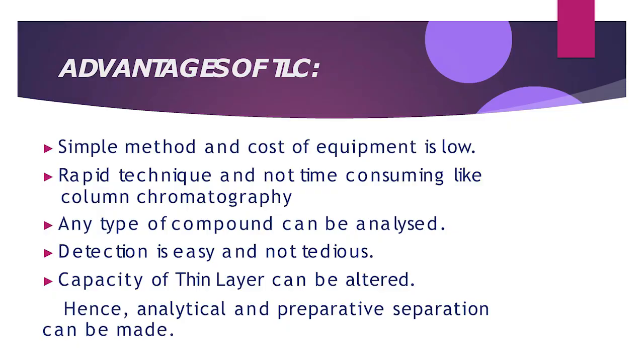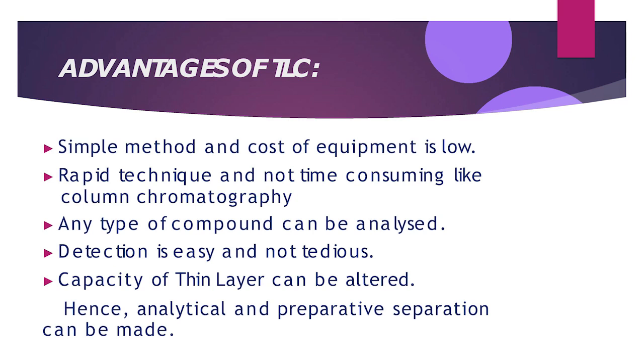What are the advantages of TLC? Corrosive spray reagents can be used without damaging the plates. It requires less amount of substance, less solvent, less stationary phase and less time for every separation when compared to column chromatography. Hence, there are a lot of advantages of TLC compared to other chromatography.